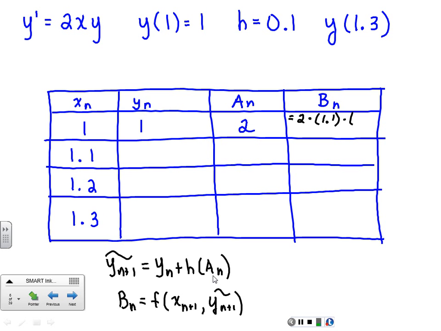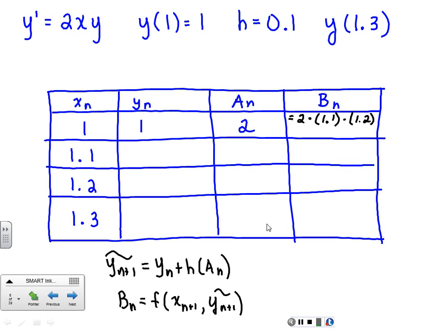So let's try that on our calculator. Your y sub n is 1, plus 0.1 times a sub n, which was 2, equals 1.2. Okay, a little bit hard to do here.